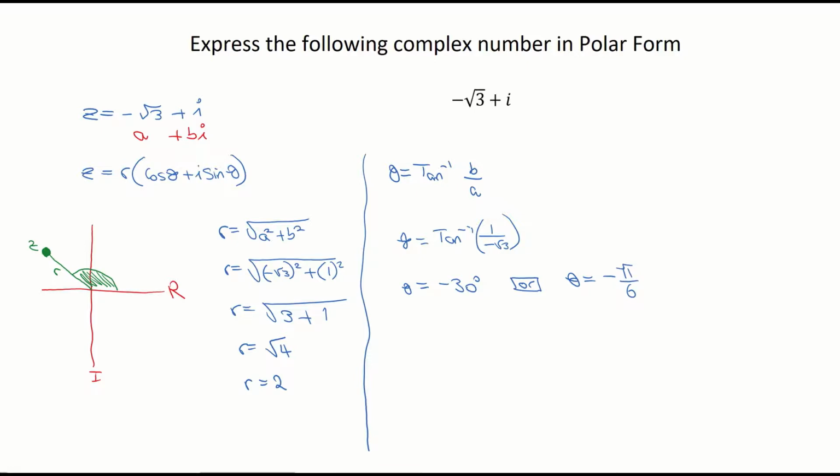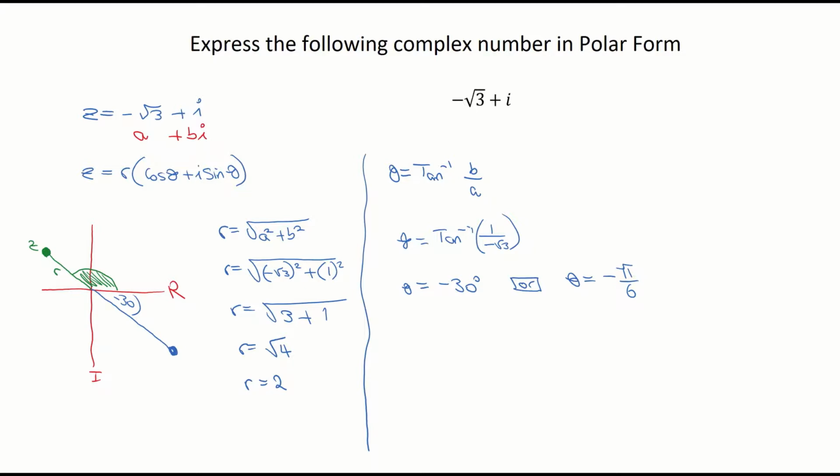Now, if I come over to my diagram and mark in negative 30 degrees, negative 30 degrees is down around here. It's not technically what I want. I want the positive angle. So 9 times out of 10 when you do these questions in an exam, it's going to ask you to write it in the form of 0 to 360 degrees. So what I have to do now is basically find the equivalent angle to negative 30.